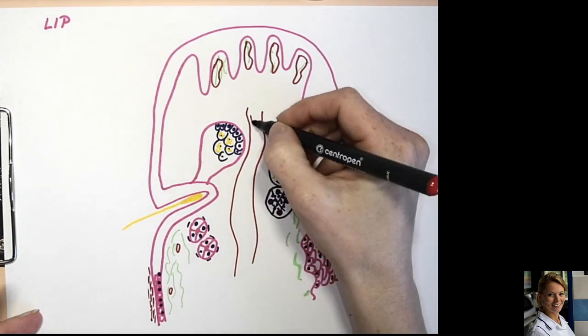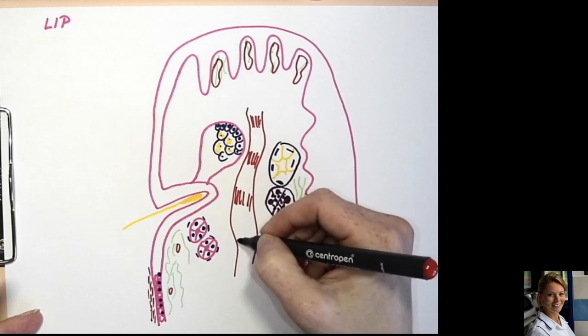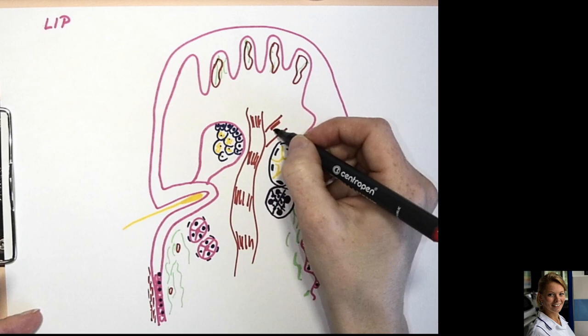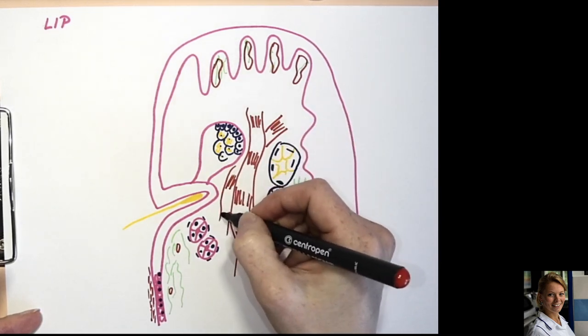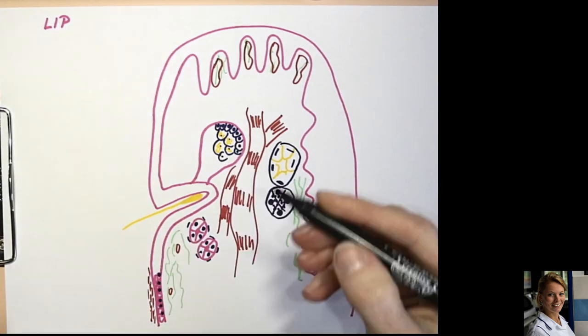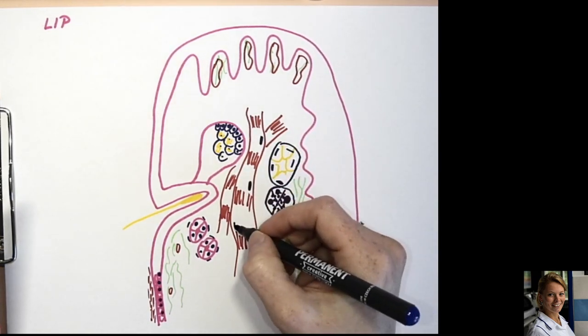formed by skeletal muscle fibers. On the longitudinal section you can recognize that the nuclei are on the periphery.